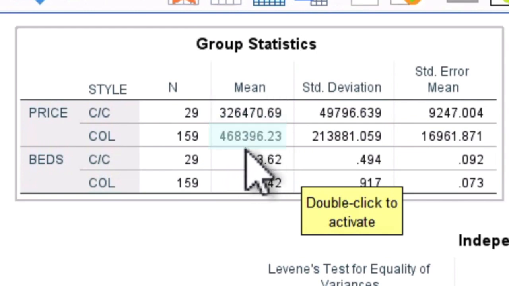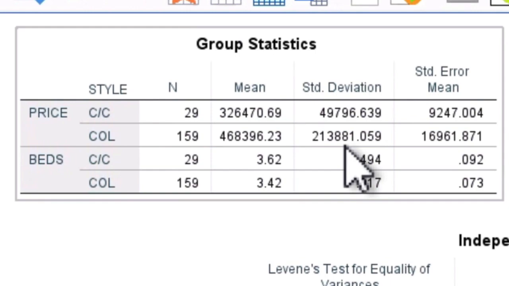And for Colonials, 468,396 about. And then we have the standard deviation, and look at that whopping great standard deviation. It is $213,881 for Colonials, so you know that there's a lot of variability going on. So there's probably some very expensive Colonials mixed in with the others.